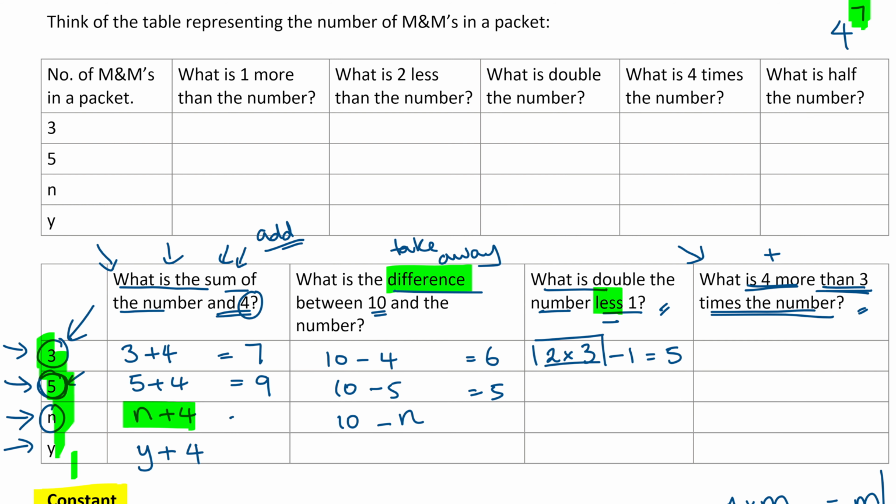So it's 3 times the number, and the number is 3. So it will be 3 times 3, and then 4 more means to add 4. So 3 times 3 is 9, plus 4 is 13. Geez, I'm a little bit hesitant there for a second.